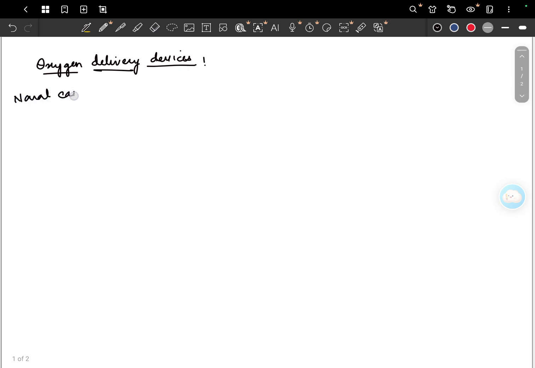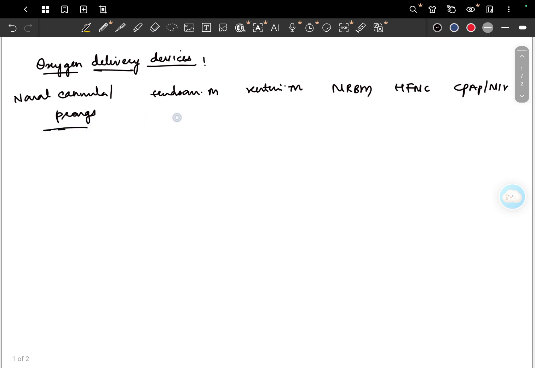Starting with nasal cannula or nasal prongs, then we have Hudson's mask, then Venturi masks, then non-rebreathing mask, then high flow nasal cannula, and we'll be having CPAP or non-invasive ventilation. So these are the types of oxygen delivery devices.